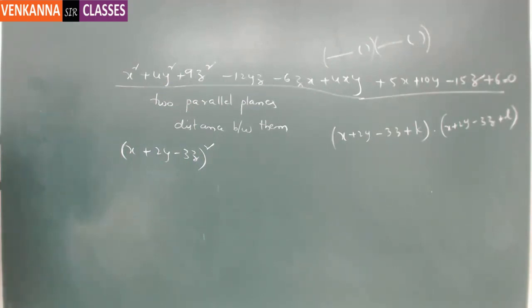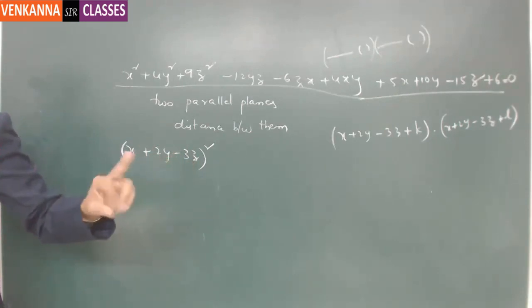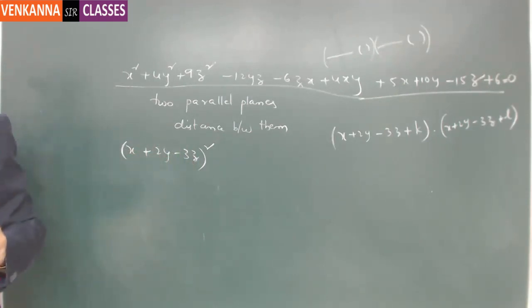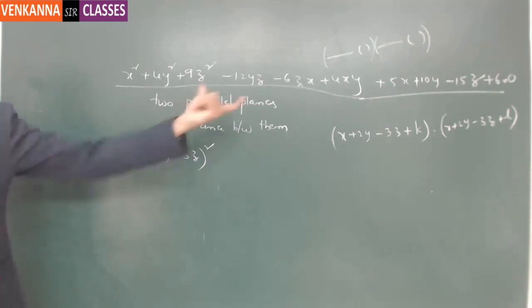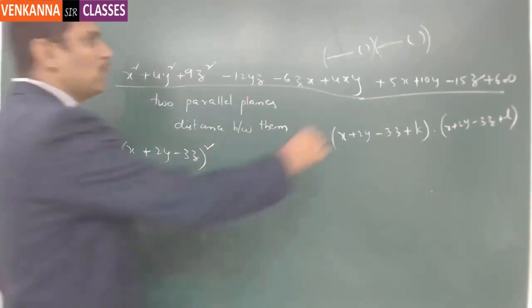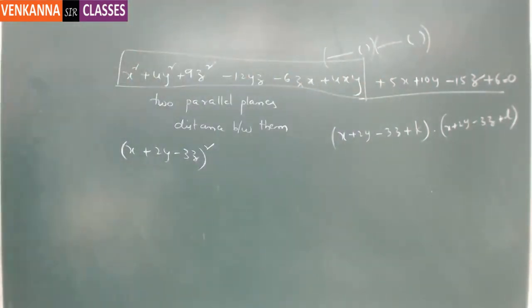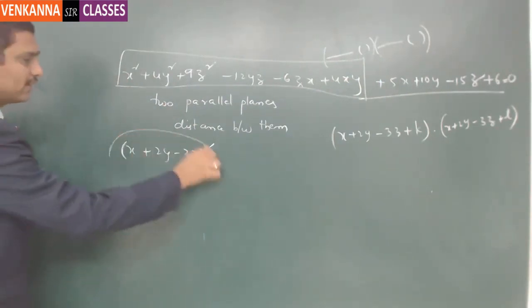Right. So, how will the parallel planes come? If you talk about parallel planes, they will contain the same x, y, z terms, only the constants will differ. So in this big equation, I have taken the homogeneous part first, and from that homogeneous part I deduced that it is equivalent to this square.